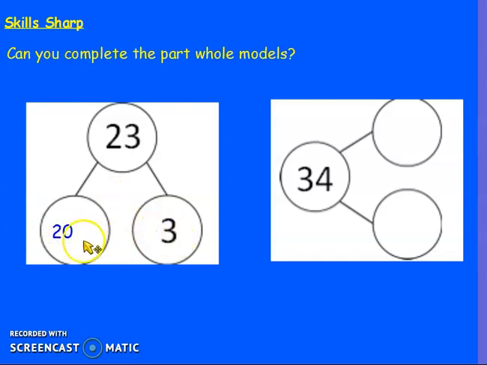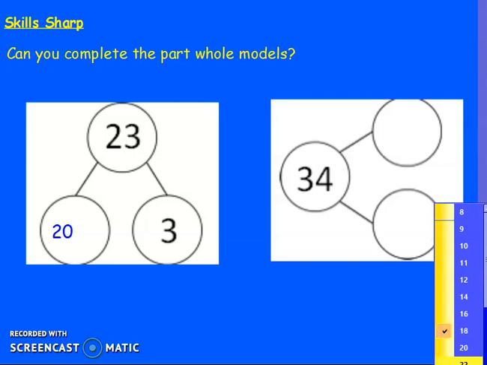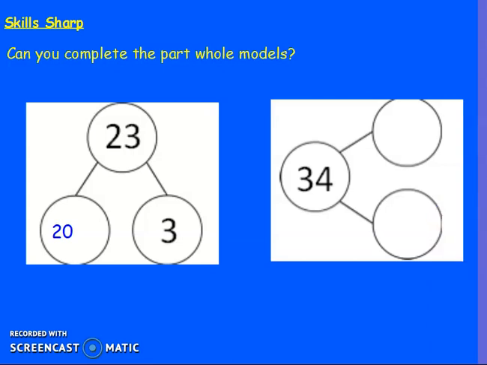So these 2 parts make up the whole. Pause the video and have a go at splitting up 34, partitioning it in this part-whole model. Press play when you're ready to go through the answers. Well done.